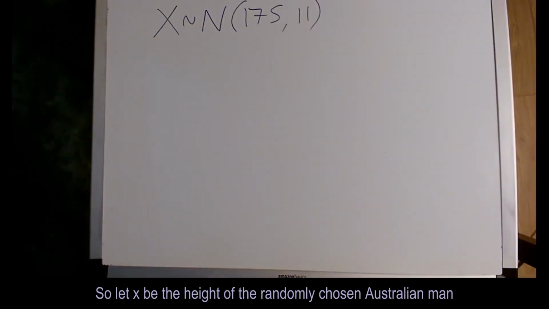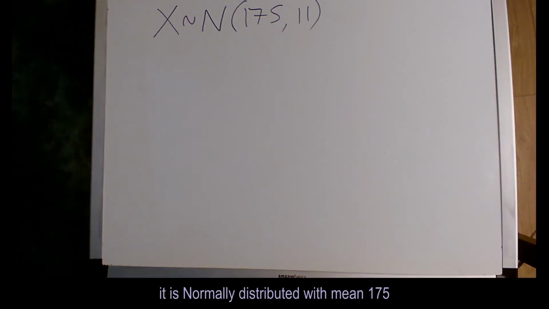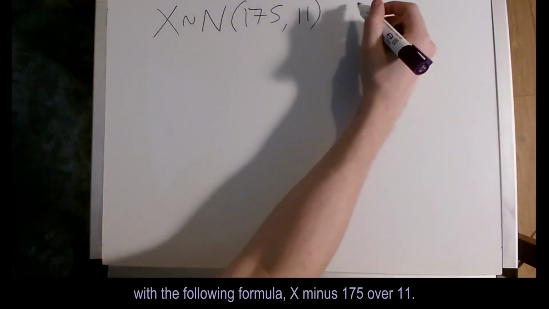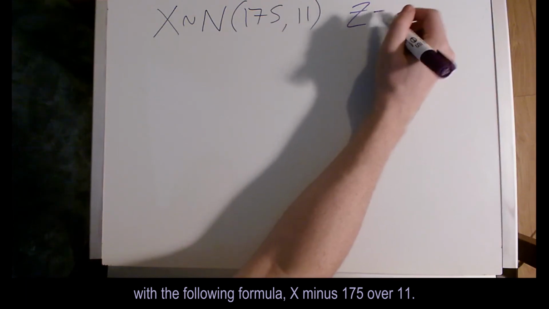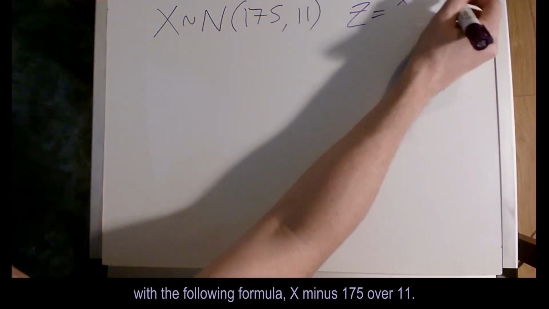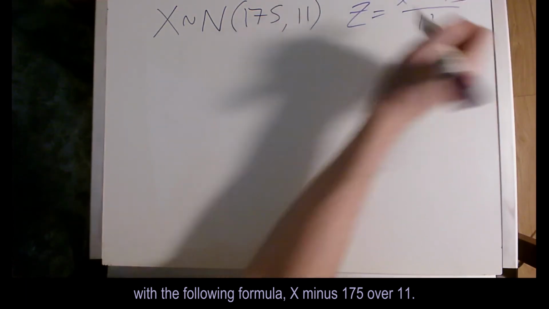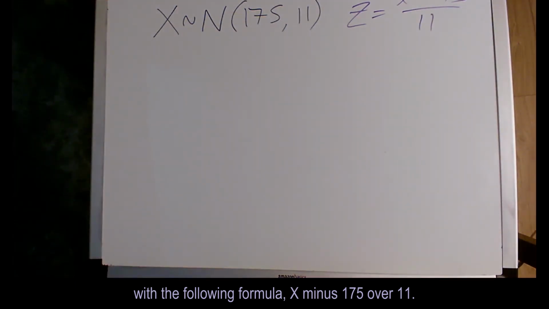So let x be the height of the randomly chosen Australian man. It is normally distributed with mean 175 and standard deviation 11. We can transform this to the standard normal with the following formula: z equals (x minus 175) over 11.